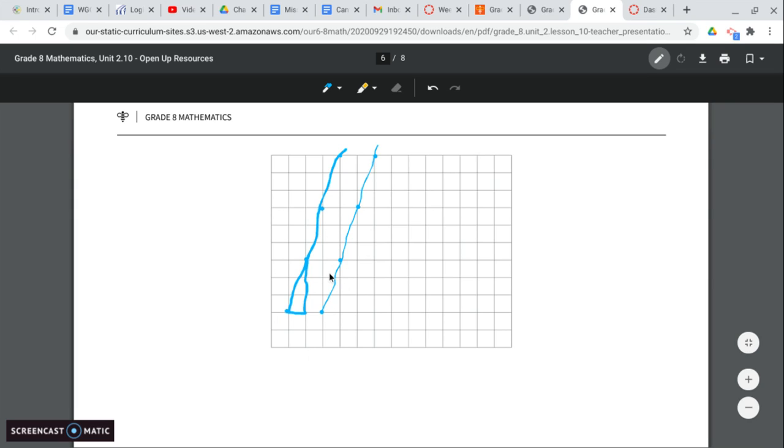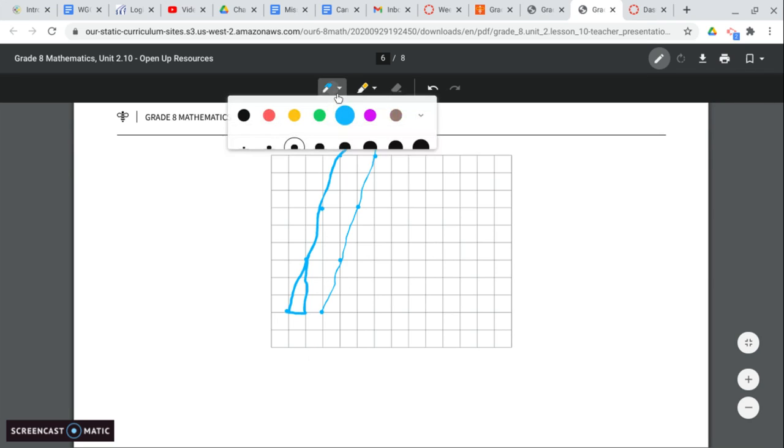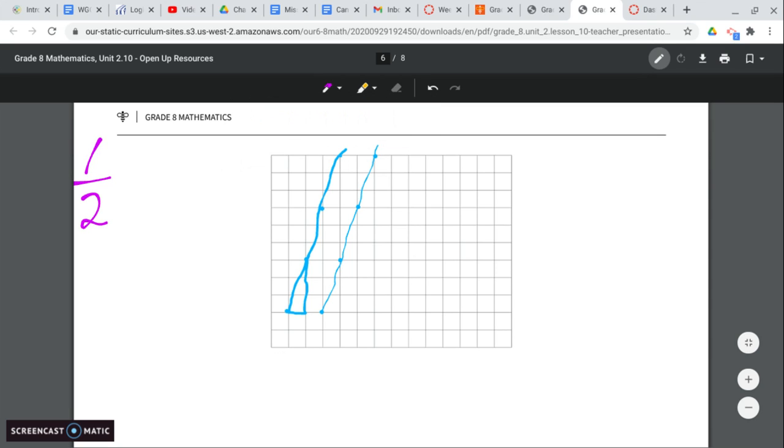Now, if we draw lines with a slope of 1/2, I'm going to change the color. For 1/2, our vertical is 1 and our horizontal is 2. So starting here, we go up 1 because that's our vertical, and over 2.